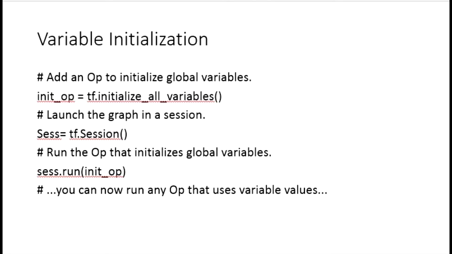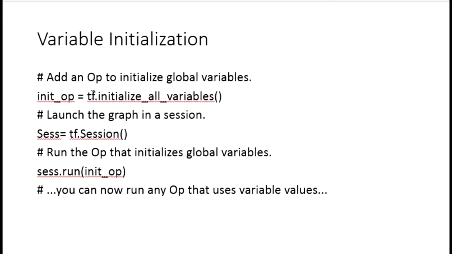In the previous examples, we saw how to initialize one variable using its initializer attribute, but that method would be a huge pain if we have multiple variables. So there is this convenient function, initialize all variables, that initializes all of the variables inside the graph, so you don't have to do them one by one.